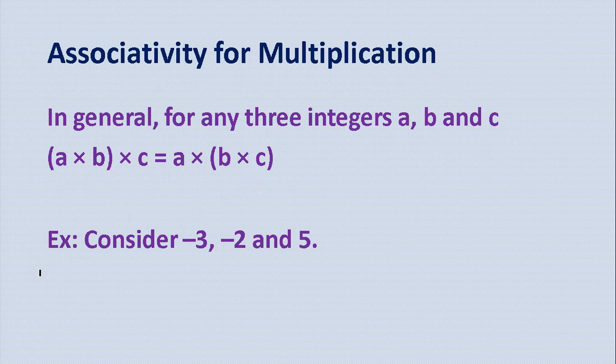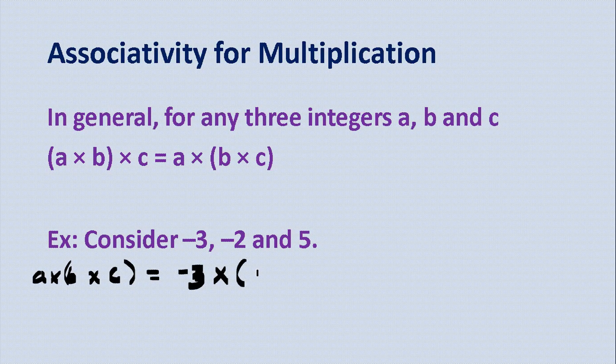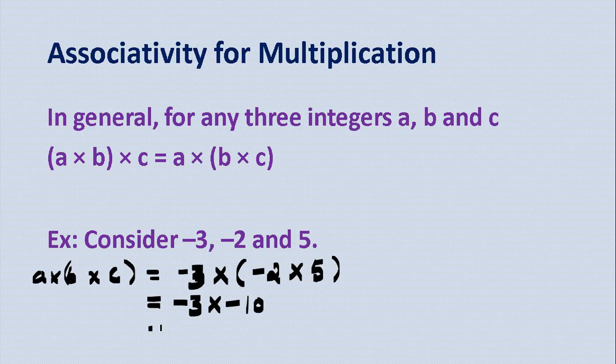Here a is -3, b is -2, and c is 5. First, -3 into (-2 into 5): -2 into 5 is -10, and -3 into -10 is 30.